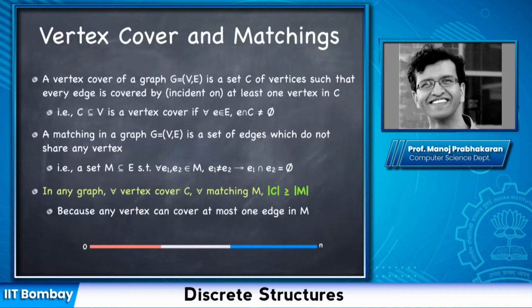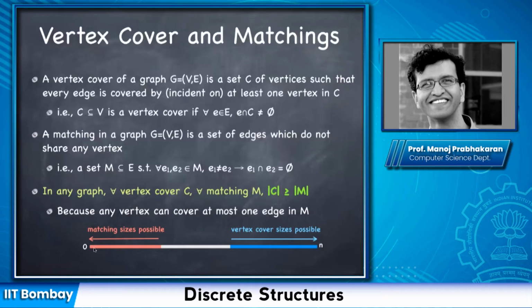If I had to graphically represent this, these numbers 0 to n are the total number of vertices in the graph, and we are just saying that if you were to plot the possible range of values that the vertex cover sizes can take, remember I already mentioned there are trivial vertex covers of size n or n minus 1. Similarly, there are trivial matchings of size 0 or 1 in a non-empty graph.